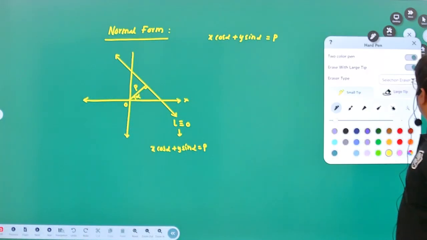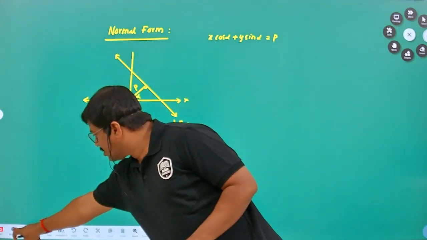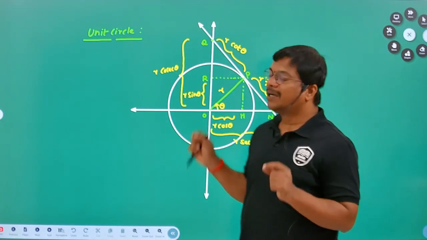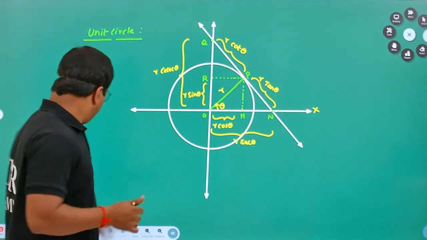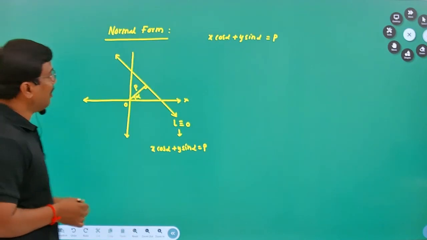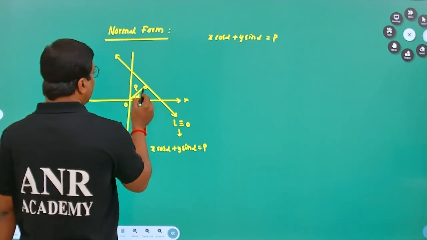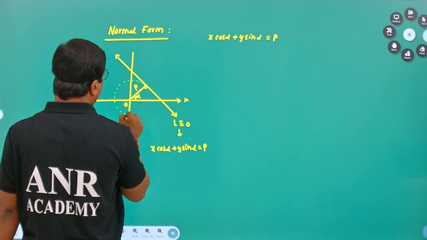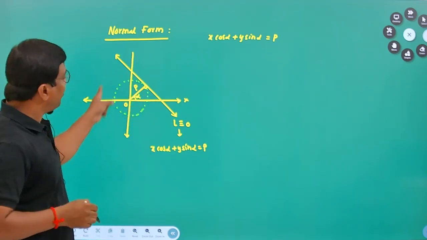And how do trigonometric ratios on unit circle, or trigonometric ratios on any circle, help in the proof of normal form? Let us discuss now. Clearly here, if you select a circle, it is of radius p.